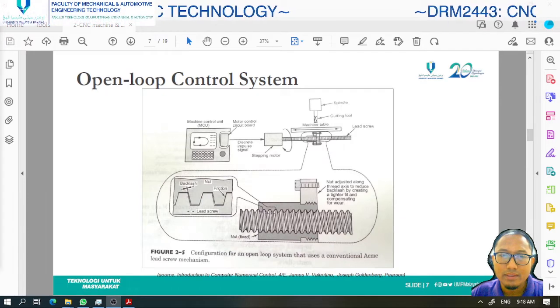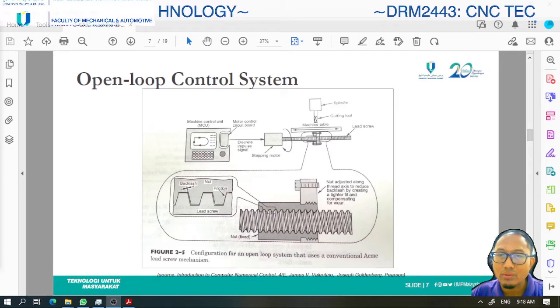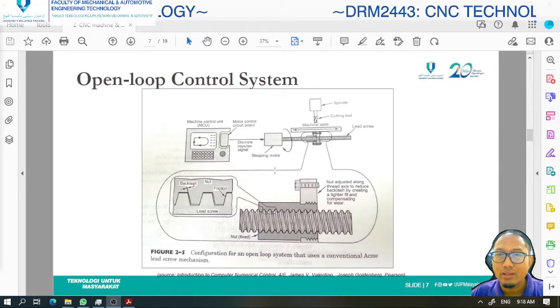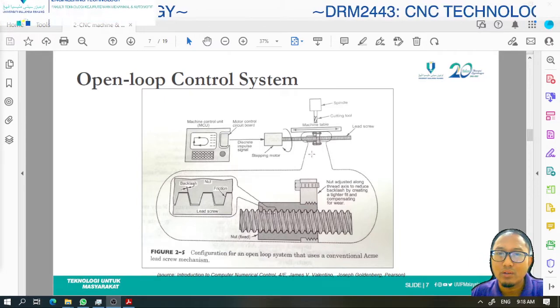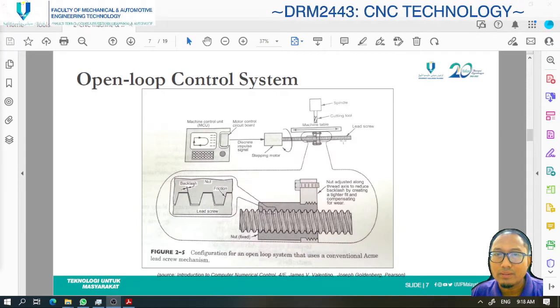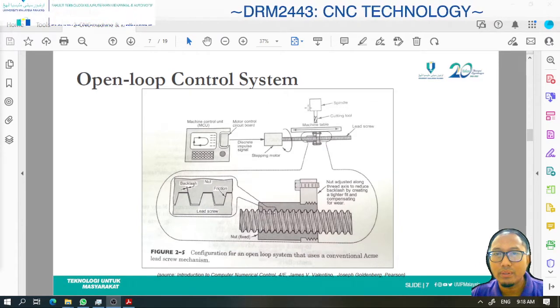For this kind of mechanism, we are going to have backlash and friction. These two are going to cause error in the positioning and lower the accuracy of the positioning system itself. So this is very simple, and we cannot identify whether an error will happen or not.